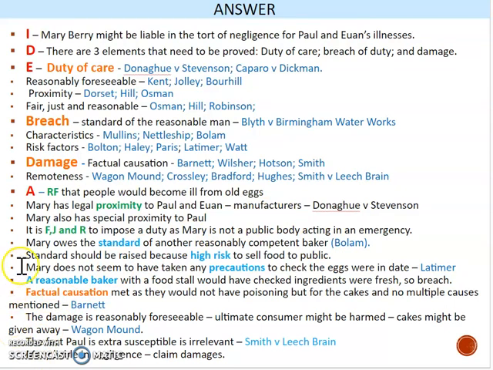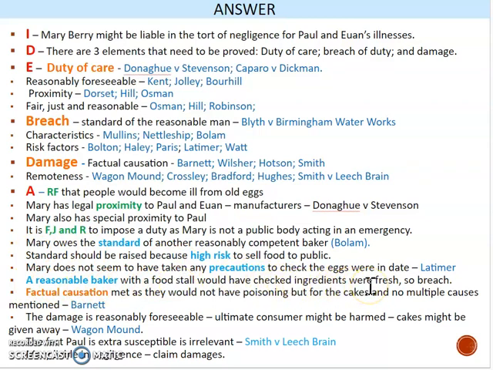From the facts of our scenario, it doesn't seem that Mary's taken any precautions to check that the eggs were in date. So you could use Latimer and talk about the sign being put up in the factory. We don't seem to have any precautions being taken here. And I've said that a reasonable baker with a food stall would have checked the ingredients were fresh.